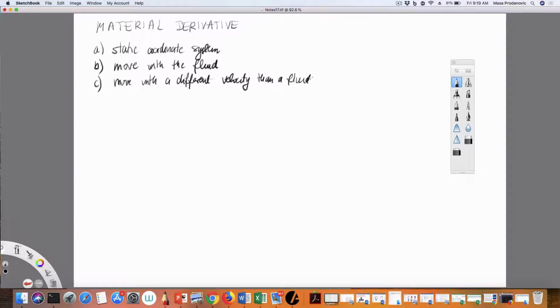What is most common to recognize in this river parallel is either being static, a fixed coordinate system, or moving with the river, in which case the observer is moving with the velocity v of the fluid. Our equations so far were essentially in the static system. We're going to learn how to go back and forth, to be moving with the fluid, but more generally, we could move with a different velocity.